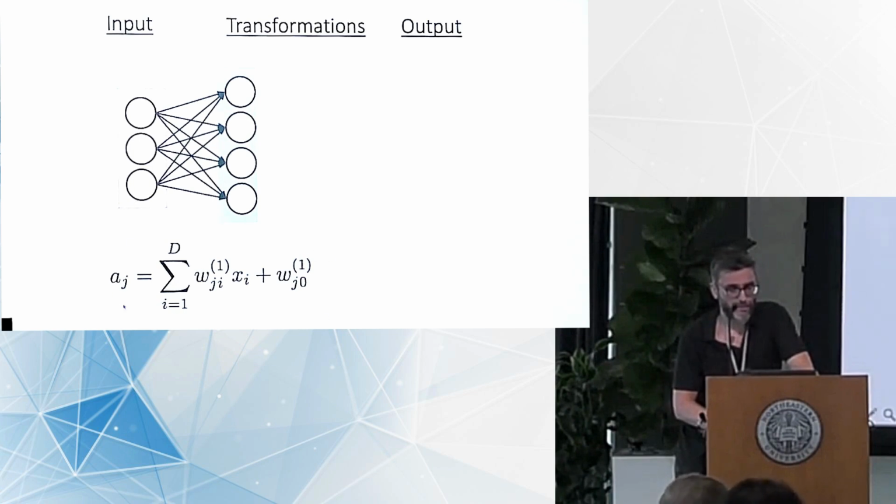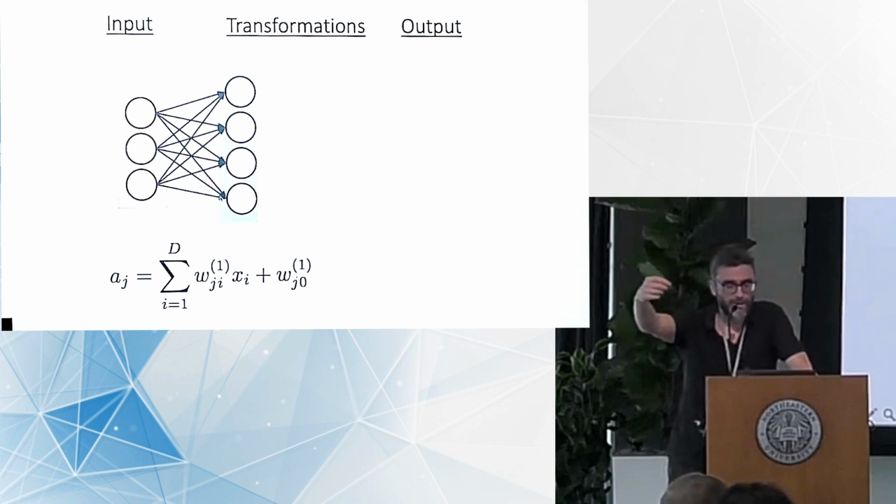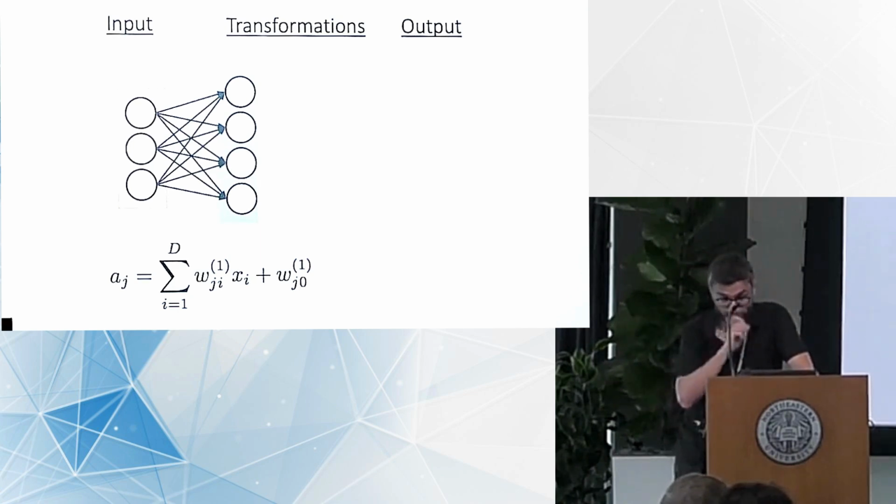So my output after this first layer is my set of weights multiplied by my inputs from the first layer. And we often cartoon this as a dense set of arrows between this input and this first layer, meaning that every unit or node in this first layer is receiving an input from each of the 3 input numbers. Okay? Questions?